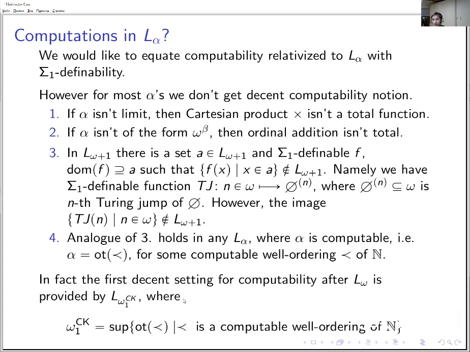And what is more important, we get this property that if you have a sigma 1 definable function defined on a certain set, then the full image of the set under this function will be an element of your L omega 1 Church-Kleene. Okay, it's actually not exactly a trivial fact, but it's true.